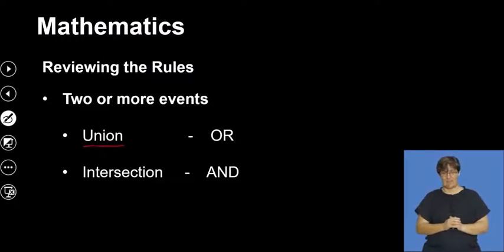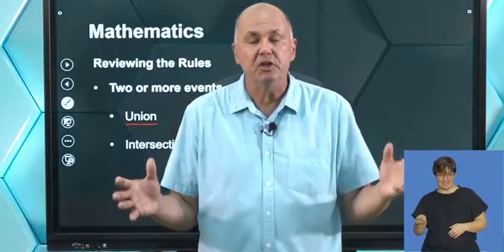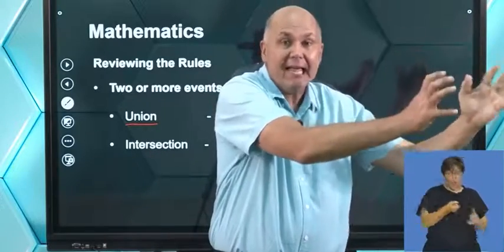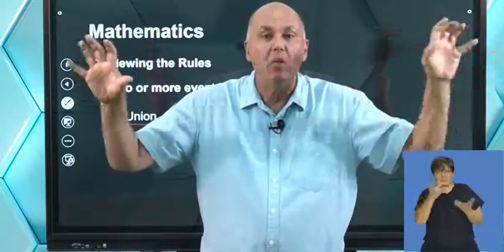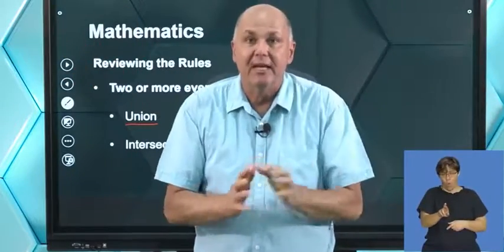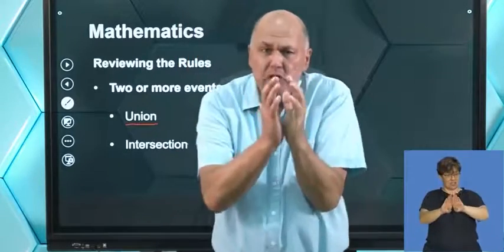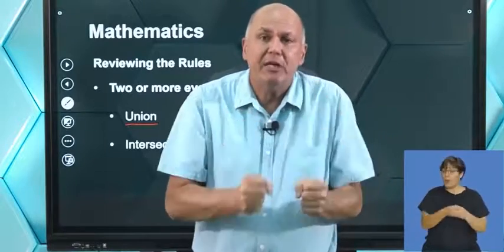Remember the idea of union. Union is the bigger thing that we're talking about. It gives us fewer conditions. The outcomes can either be in set X, or in set Y, or Z, or whichever one you want to talk about. But they can be in either one of them. It's not very strict. It's a bigger amount, even though we use the word or. Whereas intersection is a much more defined process, and it's smaller, it's stricter.